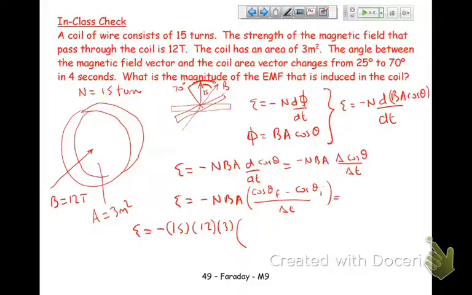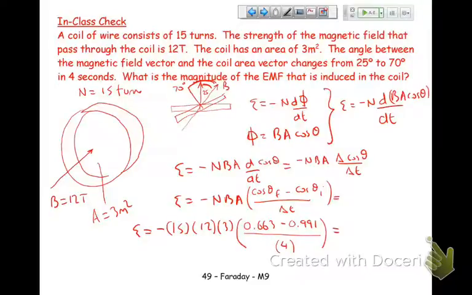Pardon? 0.663. Oh, sorry, yeah, thank you. 0.663. And what's the cosine of 25 degrees? 0.991, divided by my old friend the time, which is 4 seconds. Thank you. So can you work that out for me, please, and get me an answer? It's going to be 180 times 180 divided by 4 times whatever that difference is.